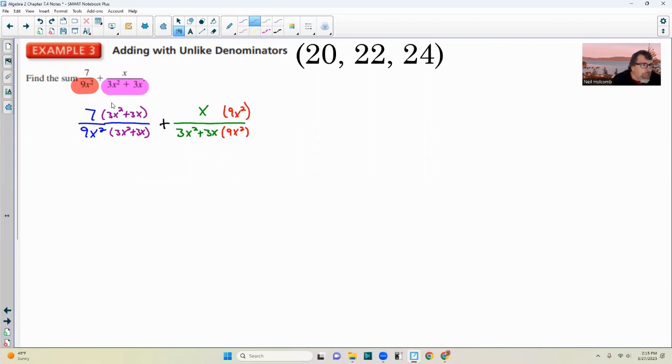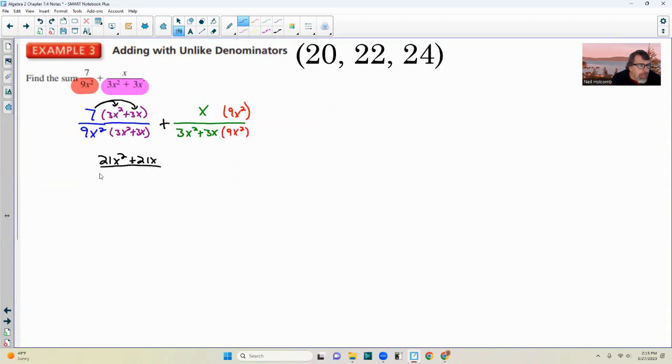Okay, so then I simplify this. 7 times 3x squared is 21x squared. 7 times 3x is 21x. And then I distribute down here. 9 times 3 is, actually, we could probably leave that because things are going to cancel. So let's not break that down. So disregard that.